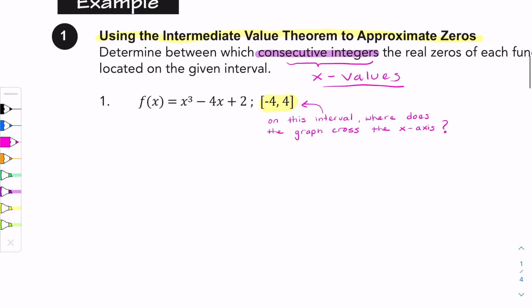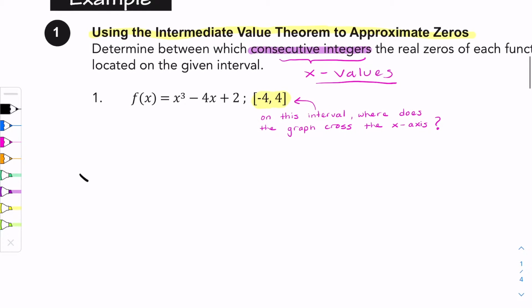Okay, so when I solve a problem using the intermediate value theorem, I like to make a table of values. I like to list all my x values. I'm actually going to make a horizontal table just for explaining purposes. And I'll list my output values, in other words, my y values.